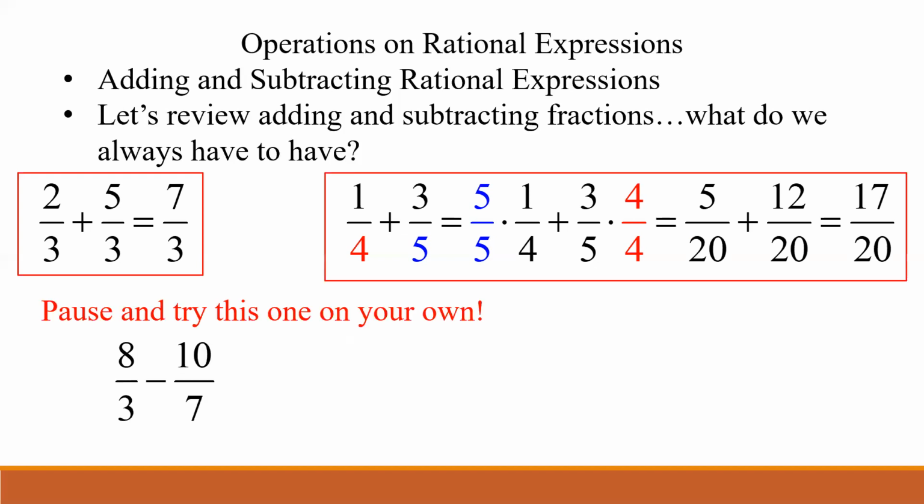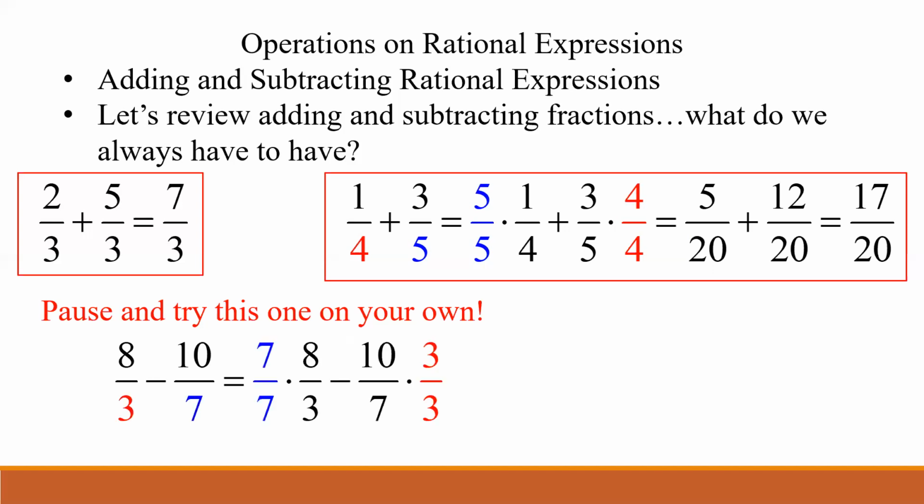So I'm going to give you one more. Even though we're not into the main part of the rational expressions, just go and pause the video real fast and do that quick little subtraction. Then we'll go over the answer in about 5 seconds here. So again, for our common denominator, we're going to multiply by the opposite denominator.